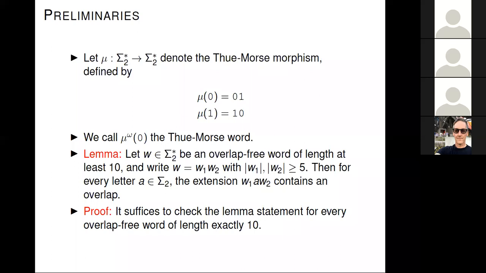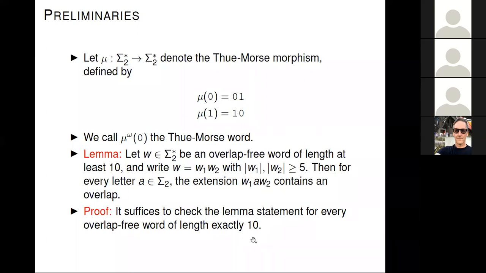So what this says is that if you're looking for an extremal overlap free word, all you have to do is check the left and the right, the first 4 positions on the left and the right. And to prove this lemma, you can just do it by computer, because all you have to do is check the lemma statement for every overlap free word of length exactly 10.